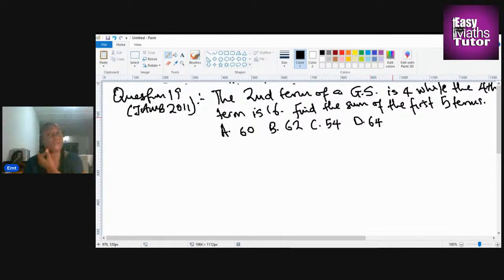The second term of a geometric series is 4, while the fourth term is 16. Find the sum of the first 5 terms. That's question 19 of JAMB 2011.